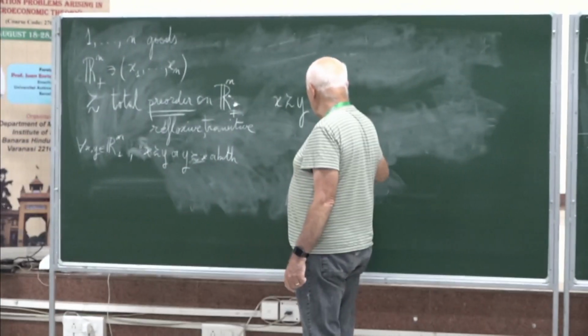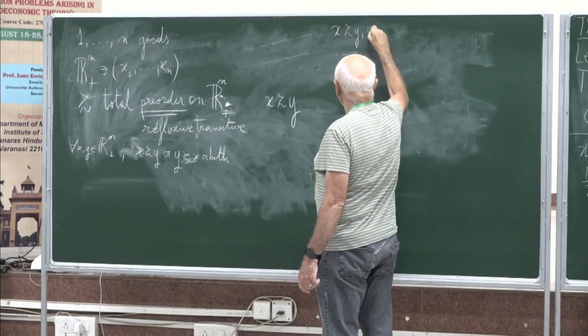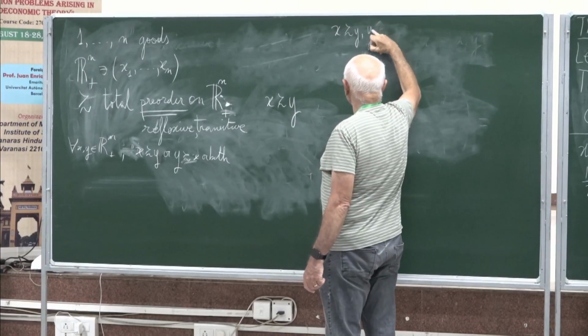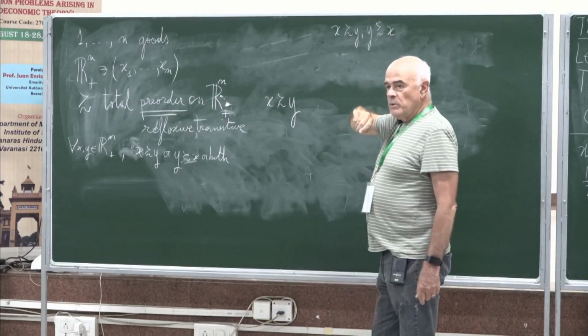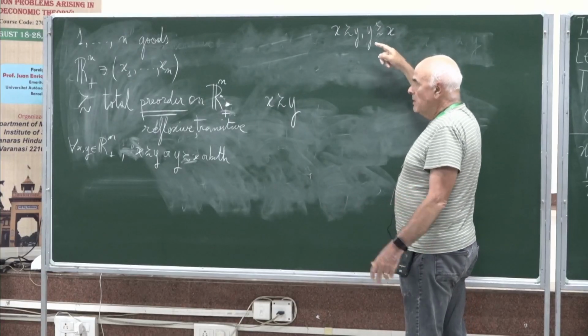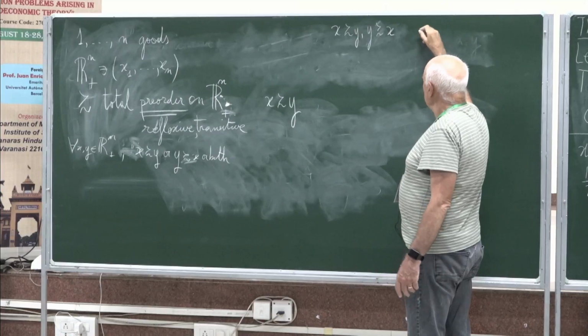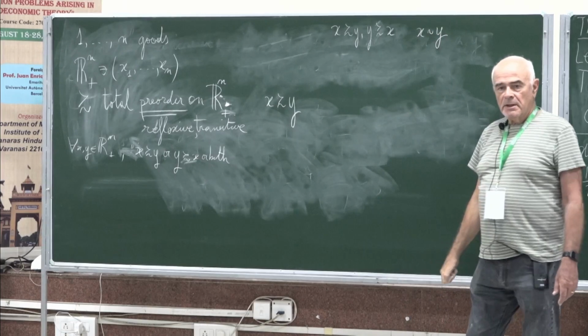Then in this situation, when you have x preferred to y and y preferred to x, we will say that they are indifferent, or we are indifferent about them, and we will write x indifferent to y.